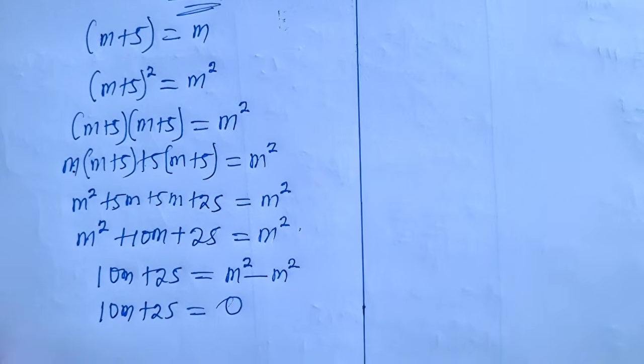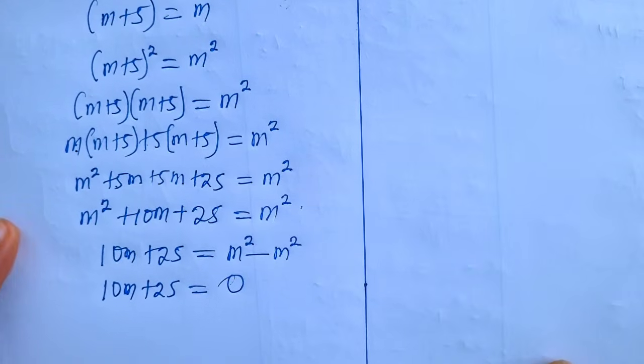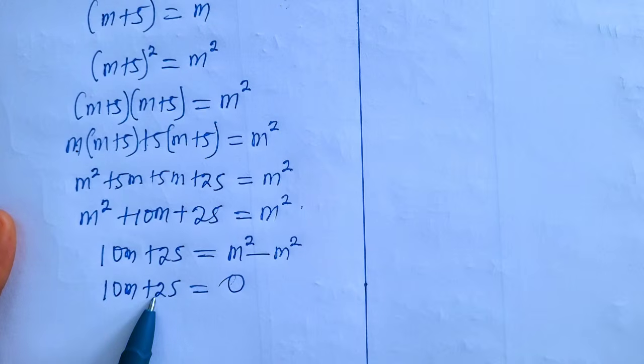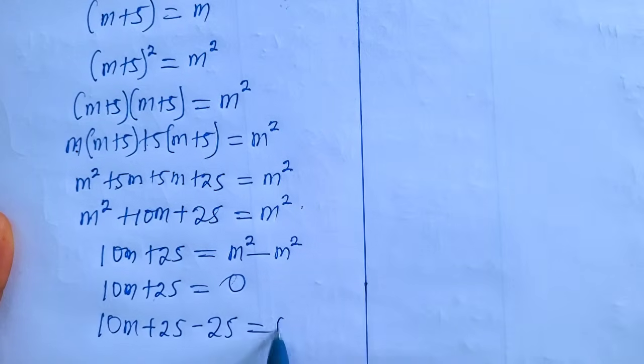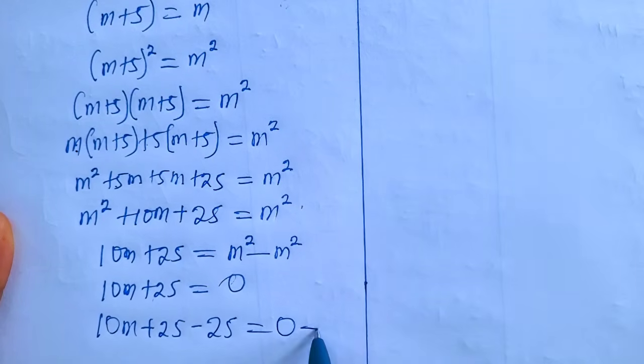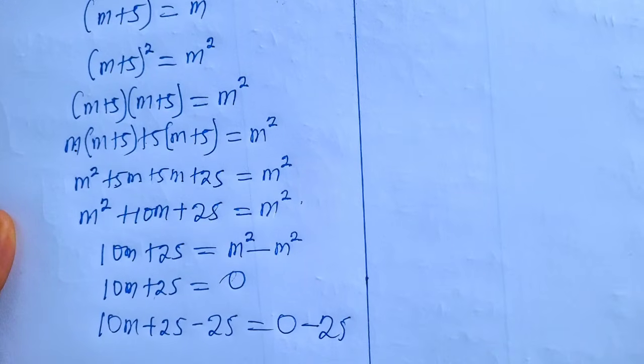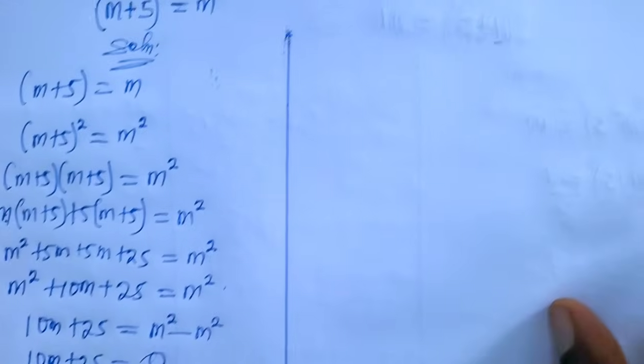Then we subtract 25 from both sides, so 10m plus 25 minus 25 equals 0 minus 25, and plus 25 minus 25 is eliminated.